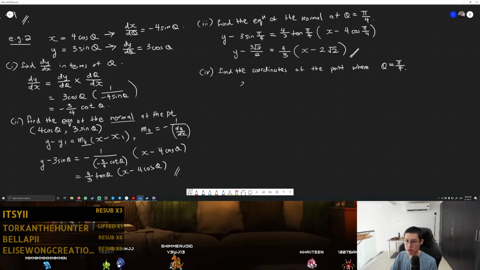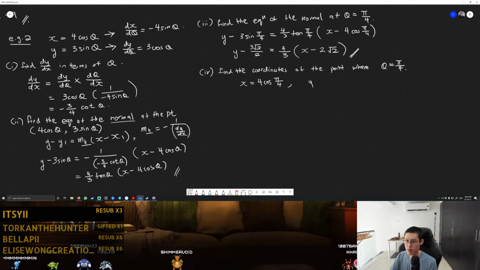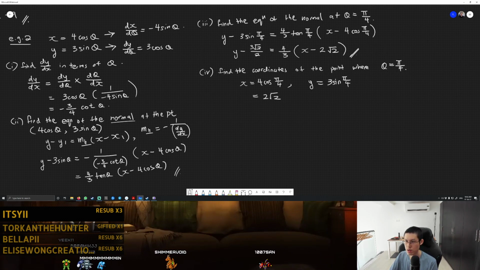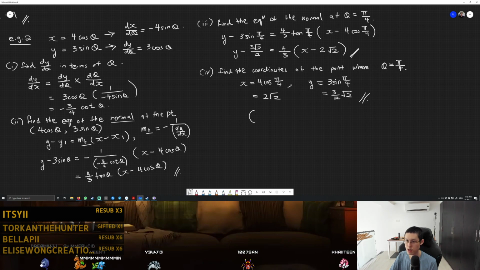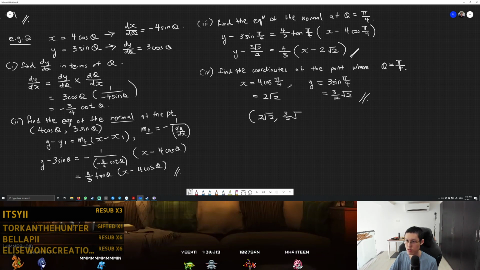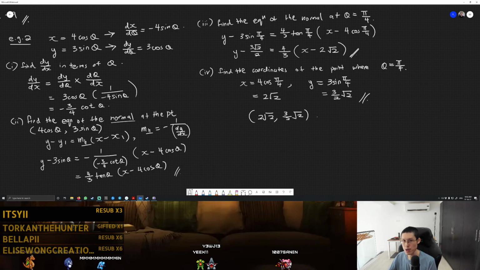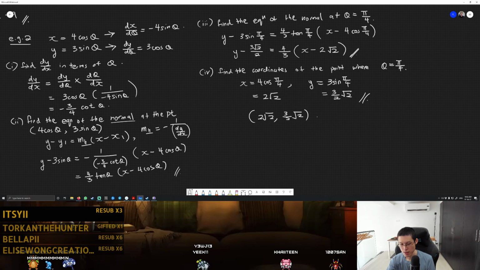So the x coordinate would be 4 cos pi over 4, and the y coordinate would be 3 sine pi over 4. Both of these involve root 2 over 2, so we get 2 root 2 and 3 over 2 root 2. Therefore, the coordinates would be 2 root 2, comma, 3 over 2 root 2. There we go. That's pretty much it, really.